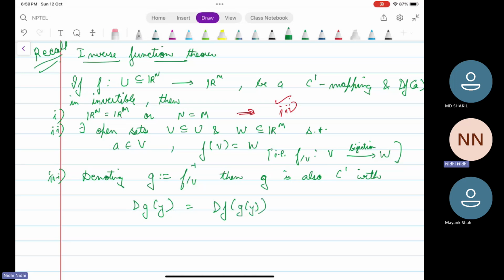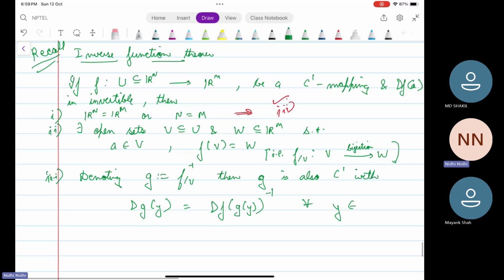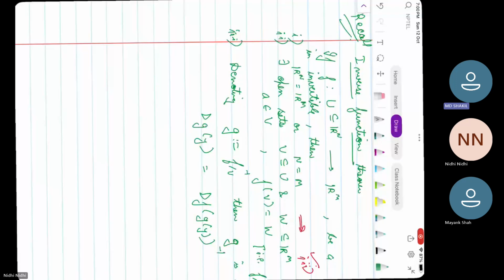This dfgy is a linear map, and we take its inverse. This is happening for every y in W, because G is the inverse of f restricted to V. The derivative of the inverse is the inverse of the derivative.